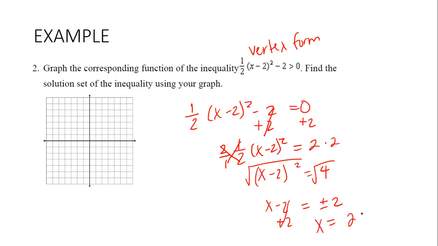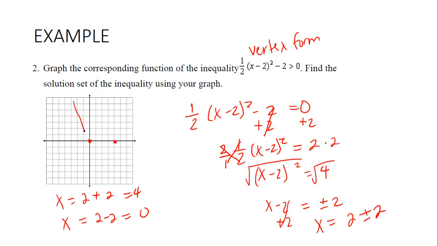So x equals 2 plus or minus 2. So that means on my intercepts here, x equals 2 plus 2, which is 4, or x equals 2 minus 2, which is 0. So I'm at 0, and I'm at 1, 2, 3, 4.